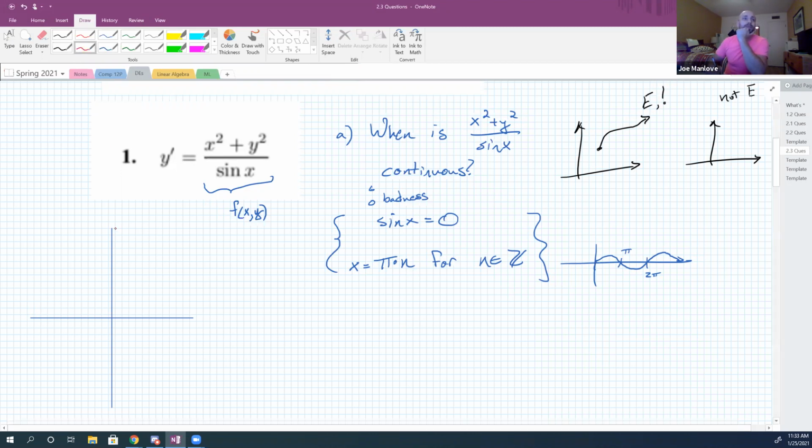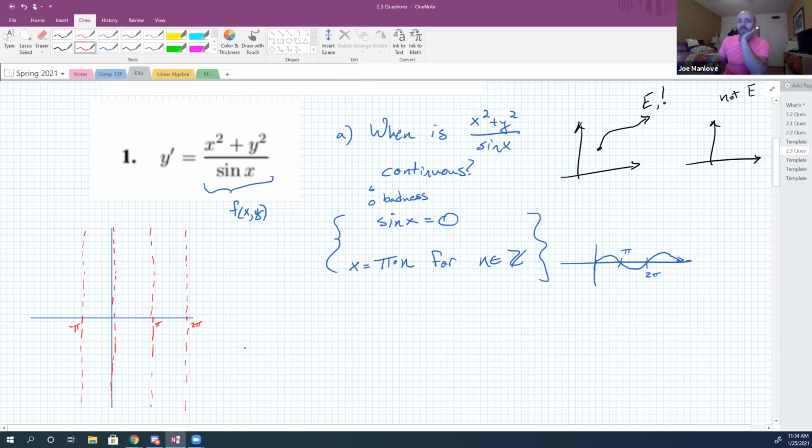So I'm going to have a problem here for n is 0. I'm going to have another problem out here for pi. I'm going to have another problem out here at 2 pi. There's a problem back here at minus pi. That one got a little crammed, but you guys with me on this?